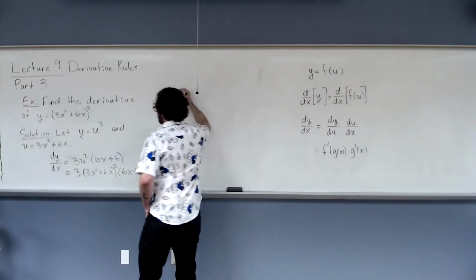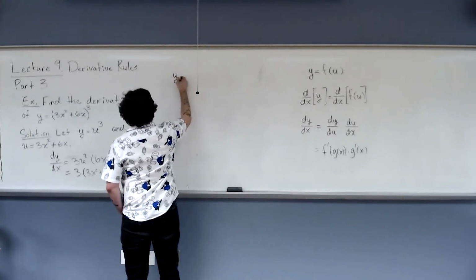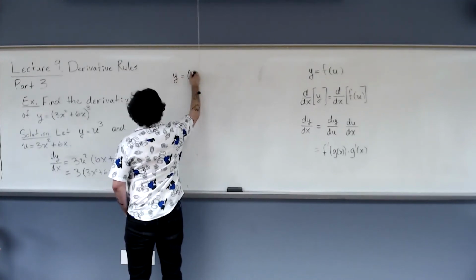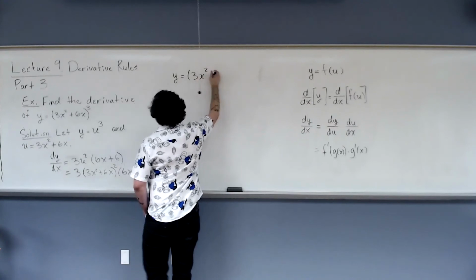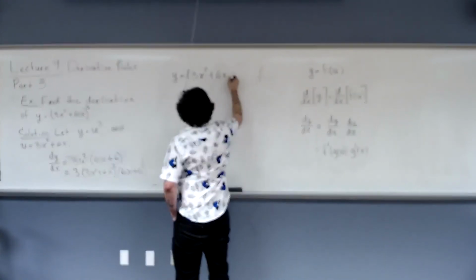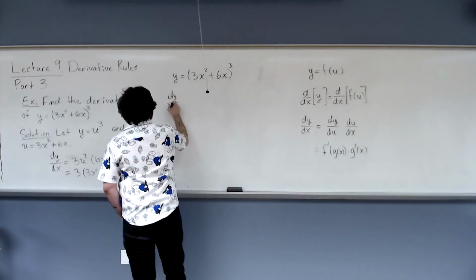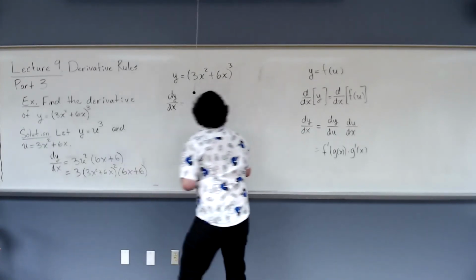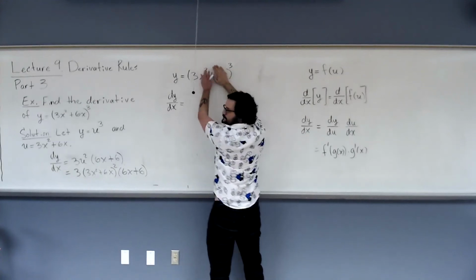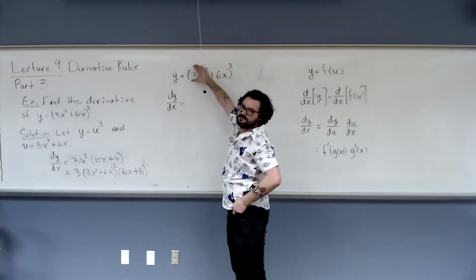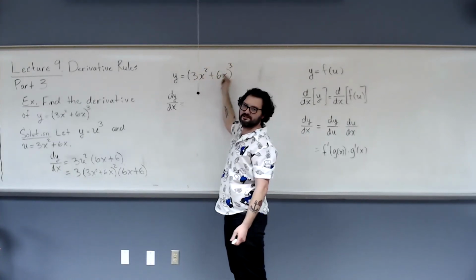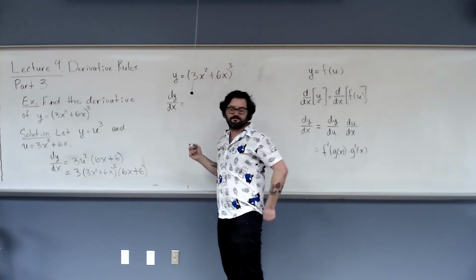All right, so I'll just write it out. One more time. What's the derivative of the outside function? Just treat this like a variable. It's 3 times this to the power 2, right?